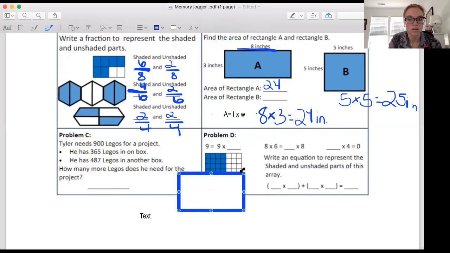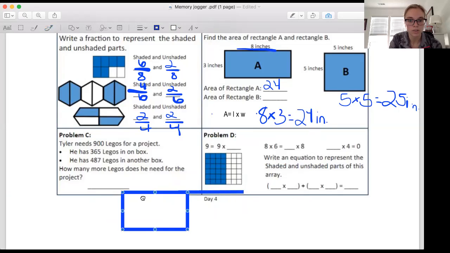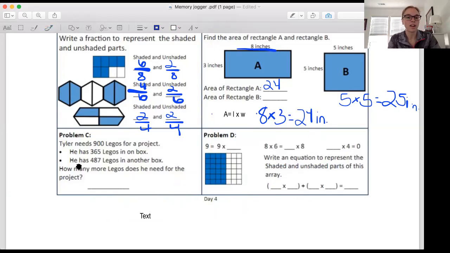So the total number that he needs is going to be 900. Oh, it's not going to let me write in it. So scratch that. All right, 900. I can just draw my own.